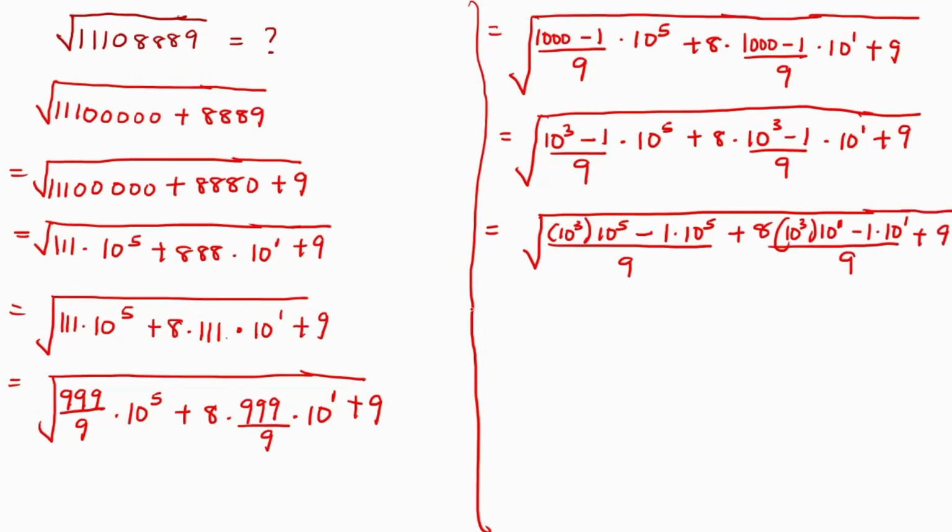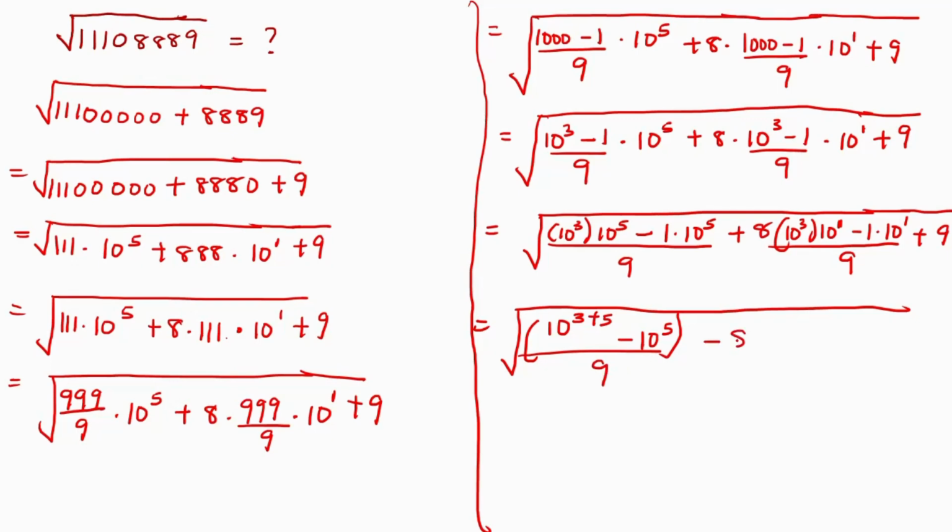Applying indices, we have 10 raised to the power of 3 plus 5, minus 10 raised to the power of 5, over 9, minus 8 into 3 plus 1 multiplied by 10 raised to the power of, minus 10 raised to the power of 1, over 9, plus 9.